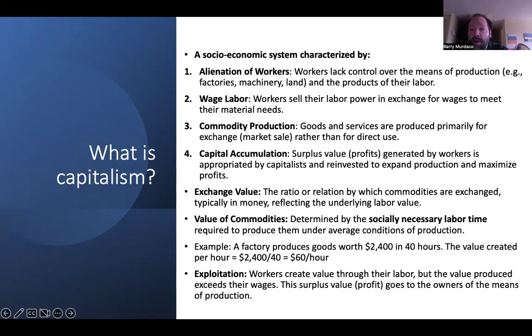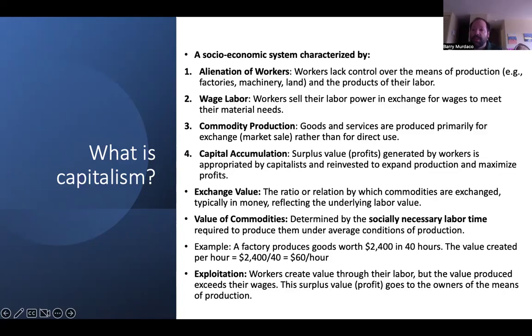They're not necessarily under the dictates of private capitalists, although in many cases in China they are, but in many cases under the sway of the dictates of the party bureaucracy. So you have a similar separation of workers in a private capitalist system or in a state capitalist system.